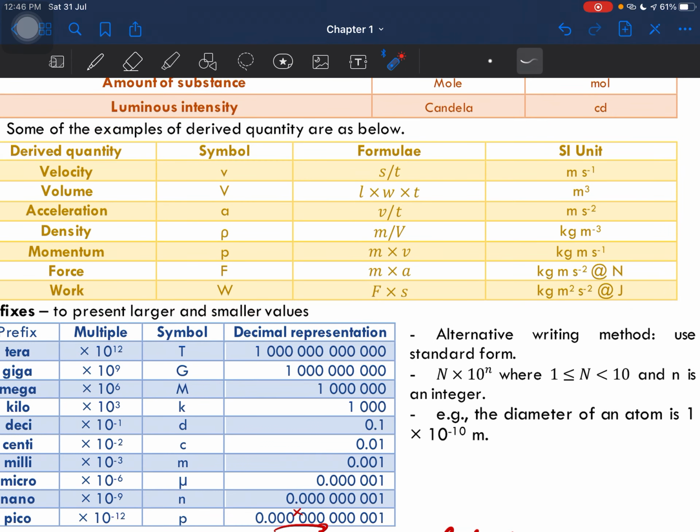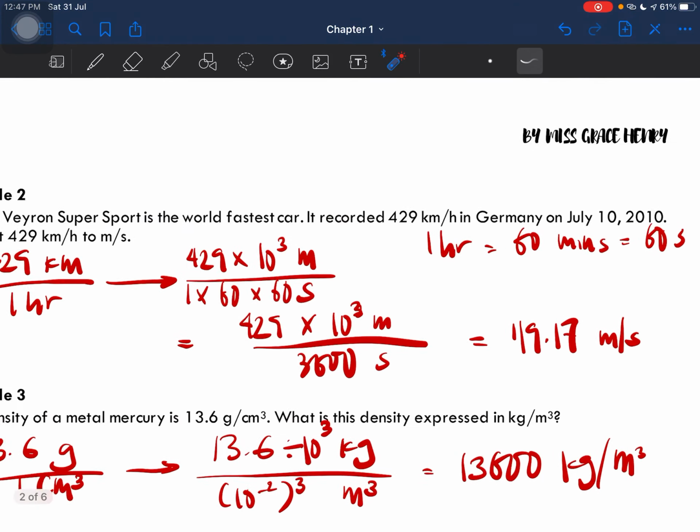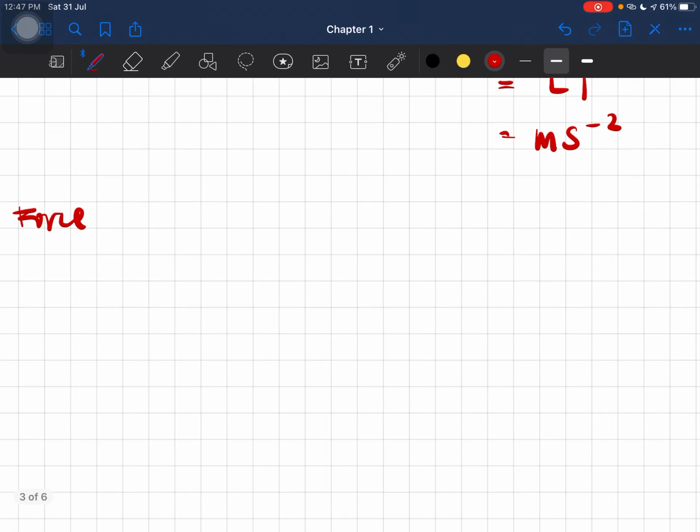Okay, so you would be able to answer this by understanding and remembering what is the formula for each of these. Okay, so force is equal to MA. Force is equal to mass times acceleration. Mass is a base quantity, so we can just directly write M.